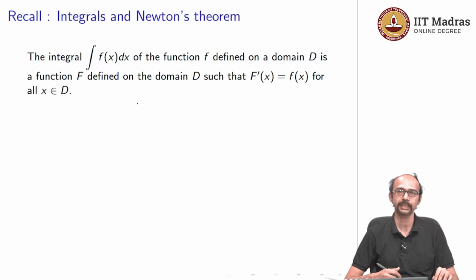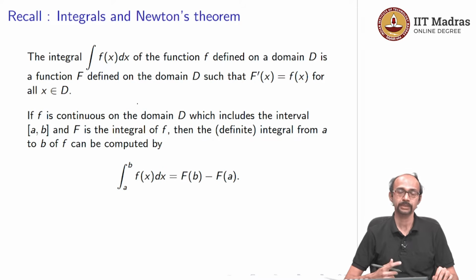And what is the defining property of capital F of x? When you differentiate capital F of x, you get little f of x. So, it is the antiderivative, which we prefer calling the integral. I am saying the antiderivative, or the integral, because any two antiderivatives differ only by a constant. So, we know that up to a constant it will be the same function.